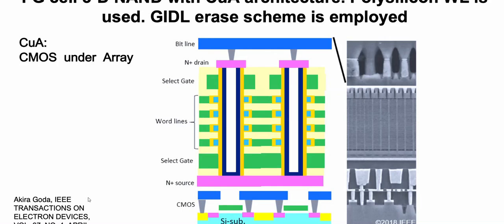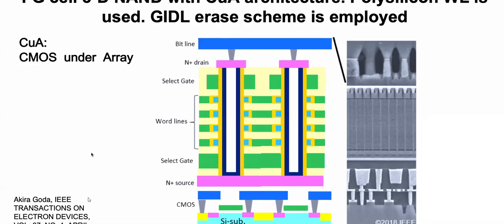This is my CMOS device, and this is my gate and the bit line. So if these are the word lines, and these are the vertical device, we put all the CMOS circuits under, we put the NAND flash on top, and the bit line on top of everything. So this is the CMOS, this is the vertical NAND flash, and the bit line on top.